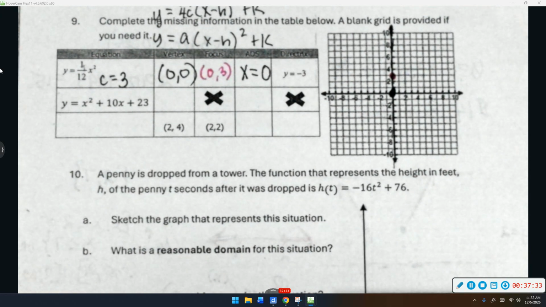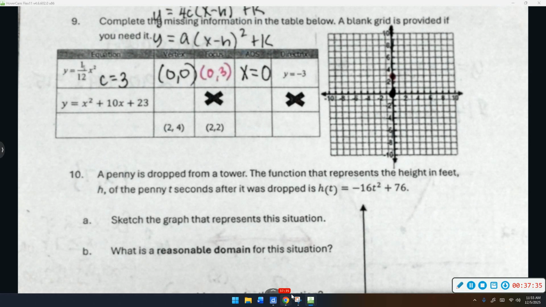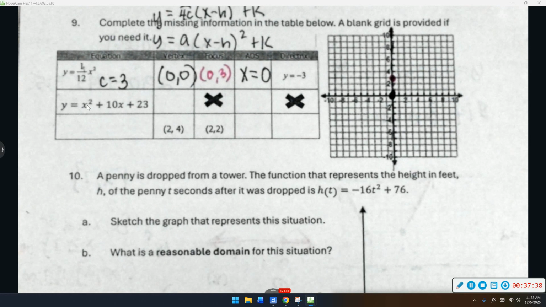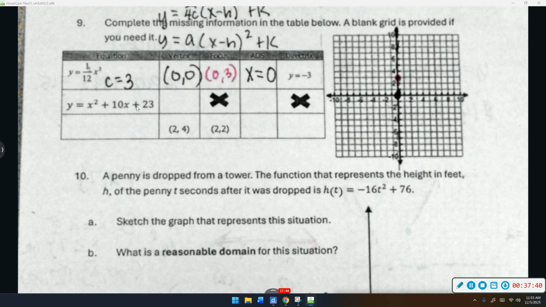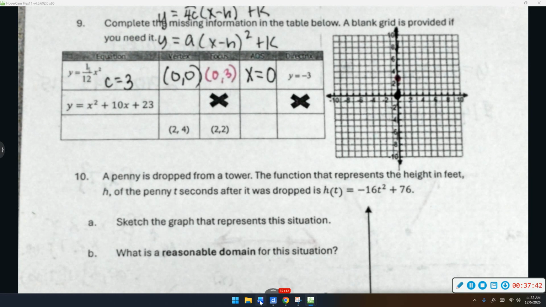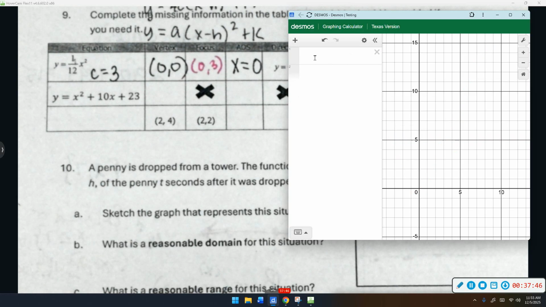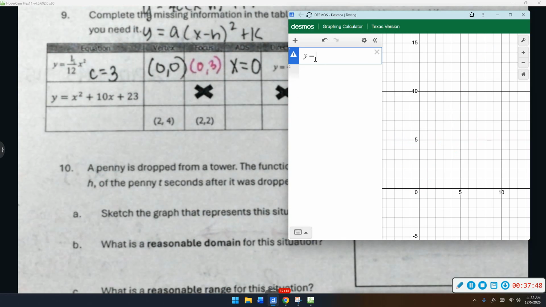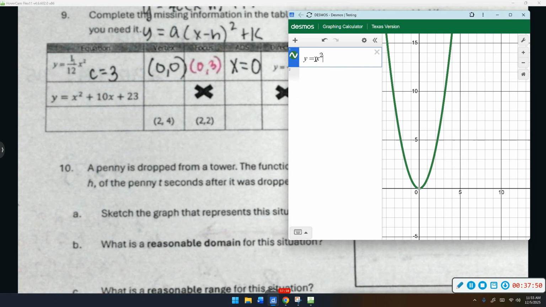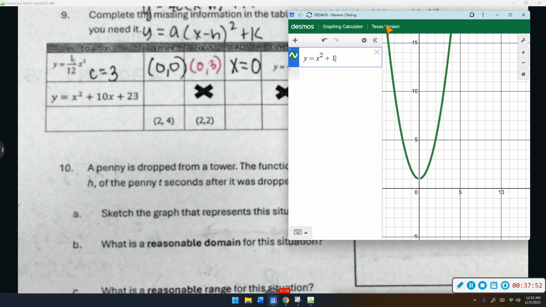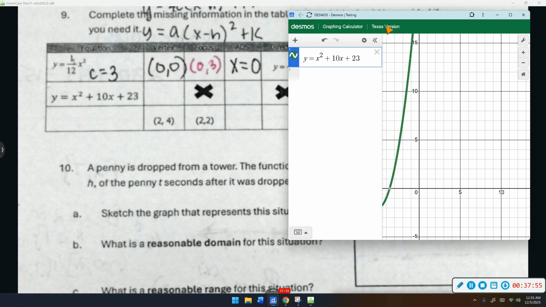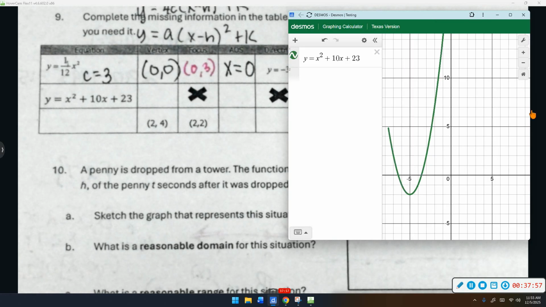Okay, y'all, I told you that I would be doing this the express way, right? So I would never teach it to you this way, but here's how I'm going to teach you to do this one. We're going to type in this equation: y equals x squared plus 10x plus 23. And I'm going to find the vertex.